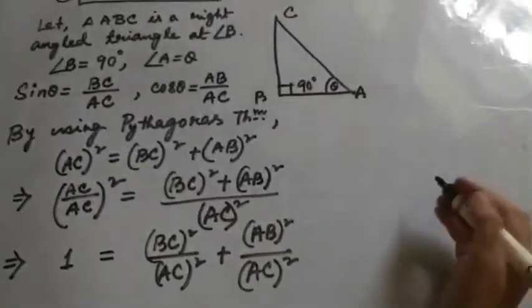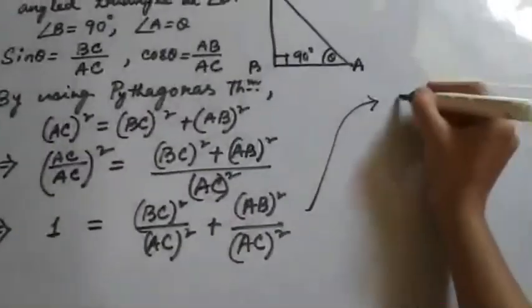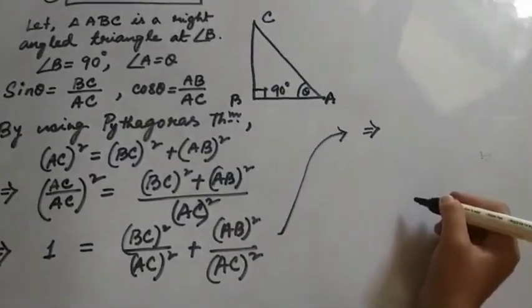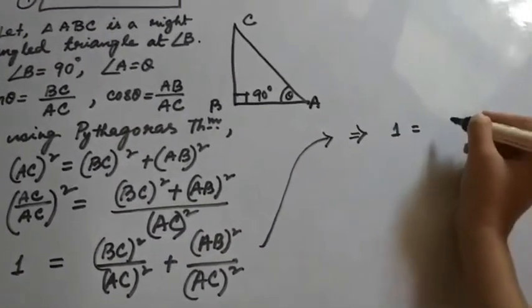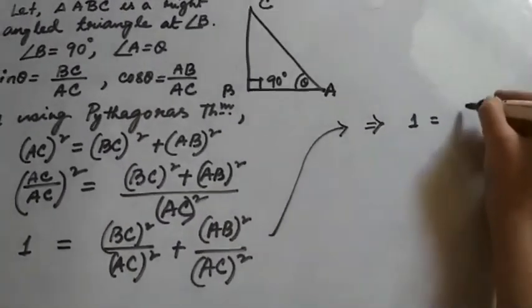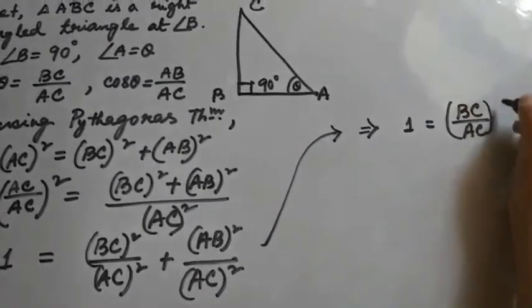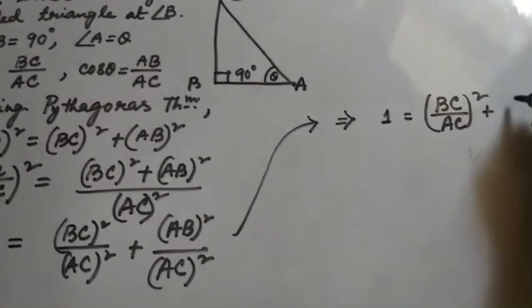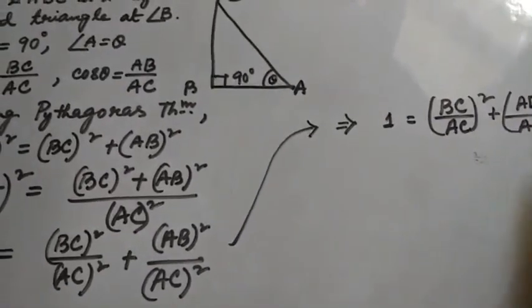After that we have to write: one equals BC by AC whole square plus AB by AC whole square.